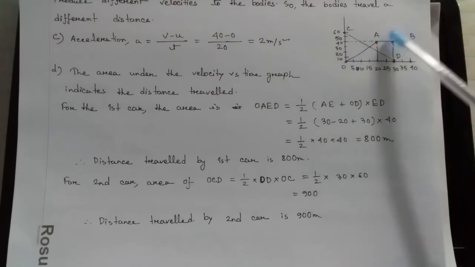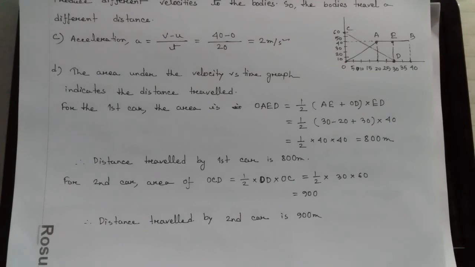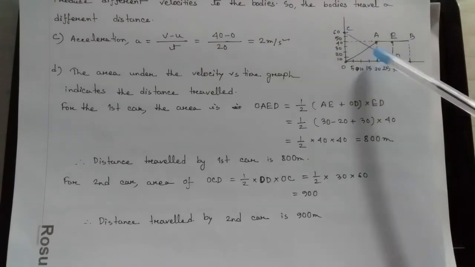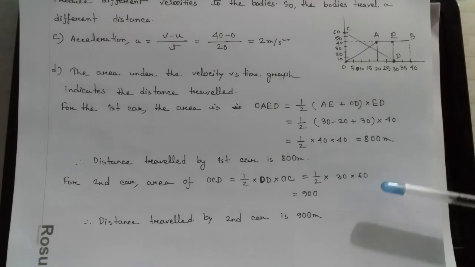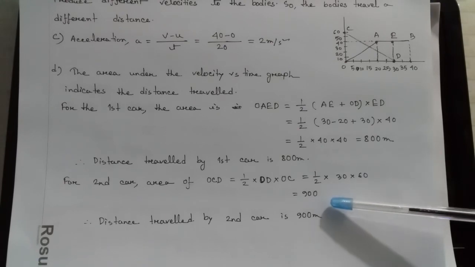And for the second car, from the calculation we get that the distance is 900 meters, and from this we can say that the second car moves more distance in the same amount of time. That means for 30 seconds the second car moves more distance.